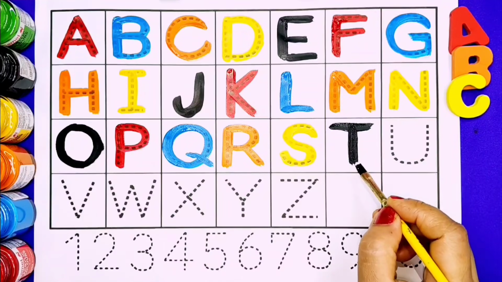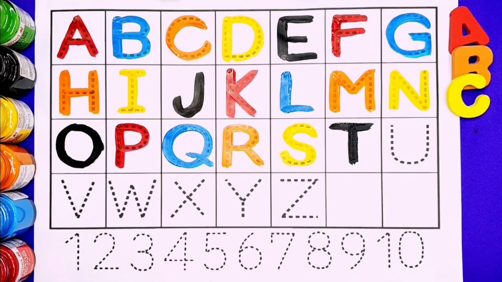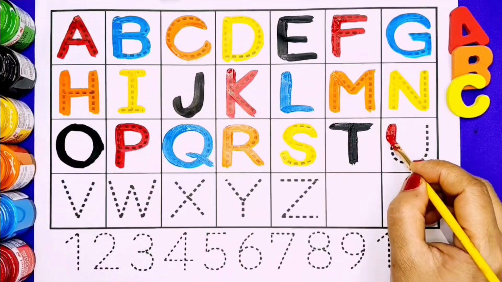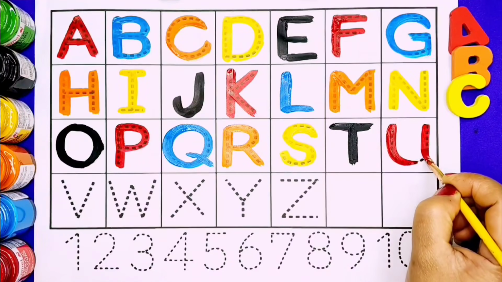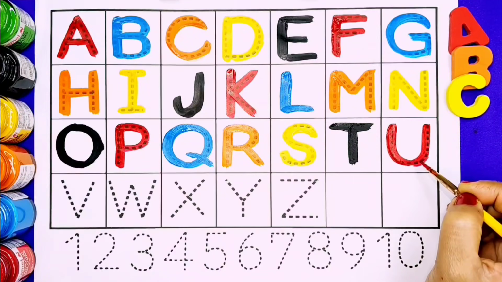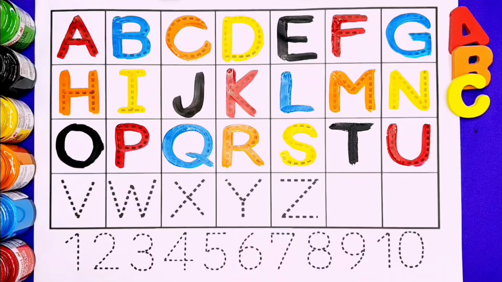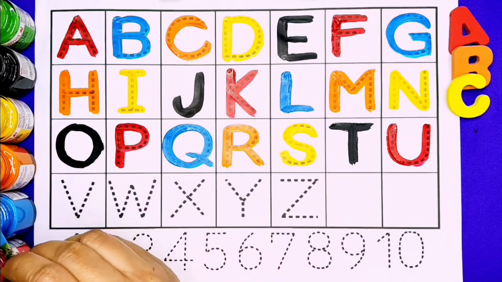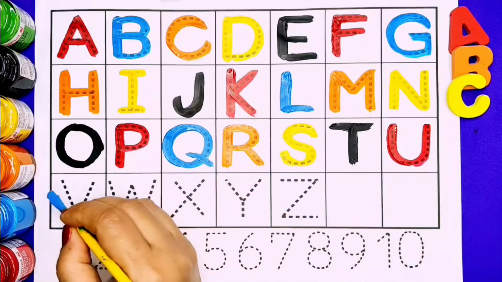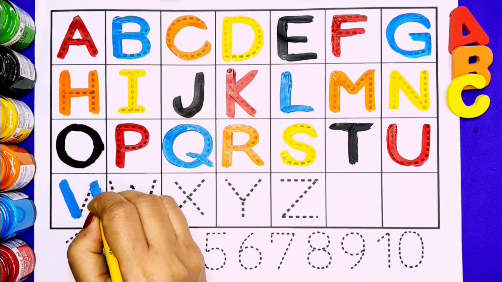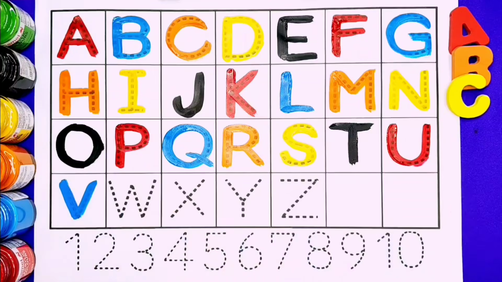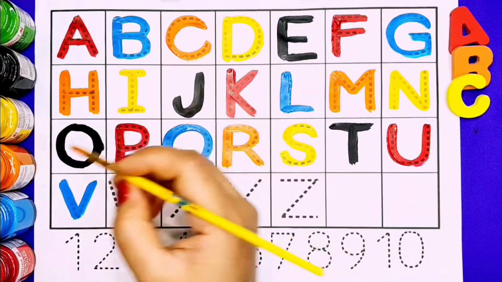T for tiger. Red color. U for unicorn. Sky blue color. V for volcano. Orange color.